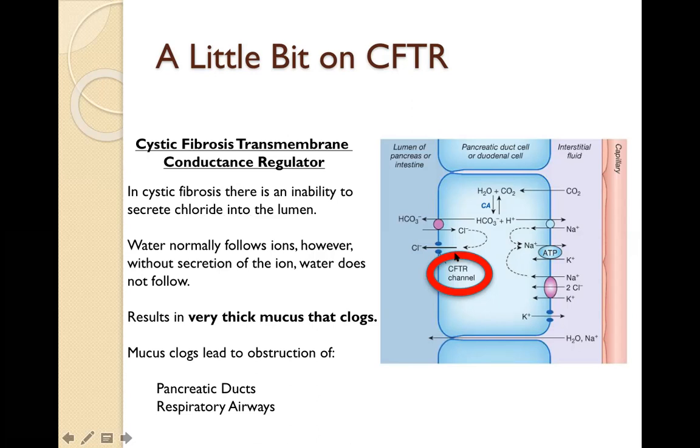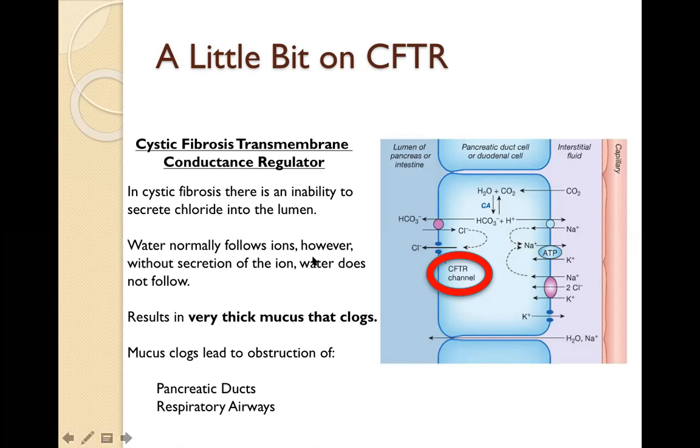And the extent to which it doesn't work really depends on the specific genetic mutation that you have. Some mutations are worse than others. So some people can have a very mild form of cystic fibrosis. Other people can have a very severe form if the channel doesn't work at all.